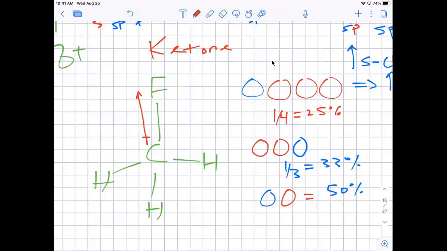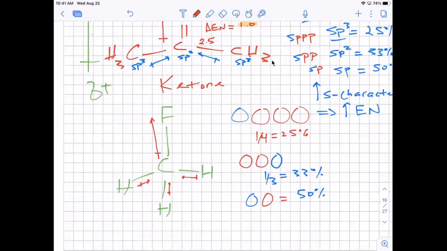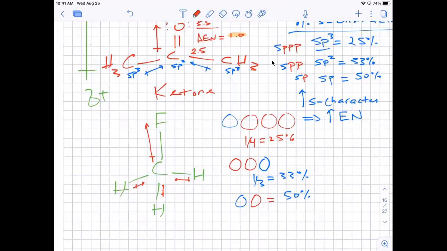So you're going to have some micro dipoles here, all going towards the carbon, right? If all of your vectors are going in the same direction, can we say that this molecule has an overall dipole? Yes, we can say that. It's got an overall dipole.